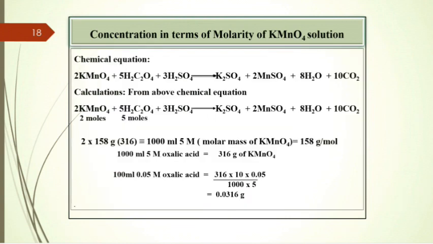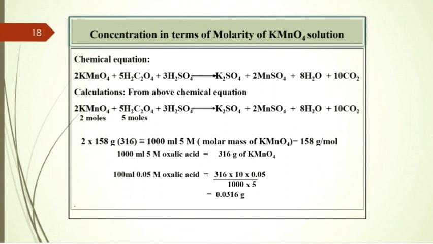Chemical equation: 2 KMnO4 plus 5 H2C2O4 plus 3 H2SO4 gives K2SO4 plus 2 MnSO4 plus 8 H2O plus 10 CO2. So from this equation, 2 into 158 gram corresponds to 1000 ml of 5 molar oxalic acid, where KMnO4 is 158 gram per mole.